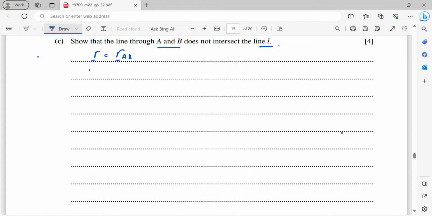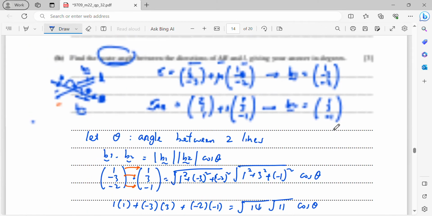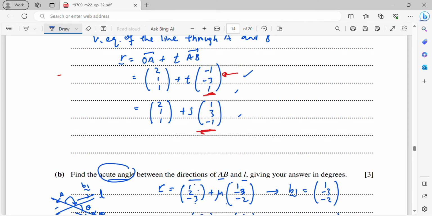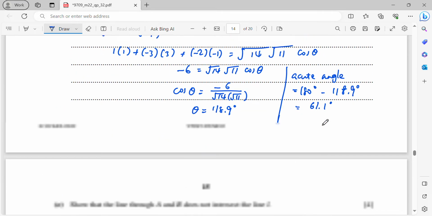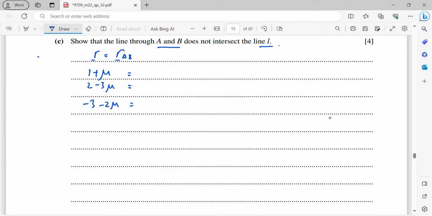So here I will write 1 plus mu, 2 minus 3 mu for the second component, minus 3 minus 2 mu. That equals to r_AB. I'm using the simplified form. You may use the first form, up to you. It will be 2 plus 1s, 1 plus 3s, and 1 plus minus s. When you do expansion, I will get 2 plus s, 1 plus 3s, 1 minus s.